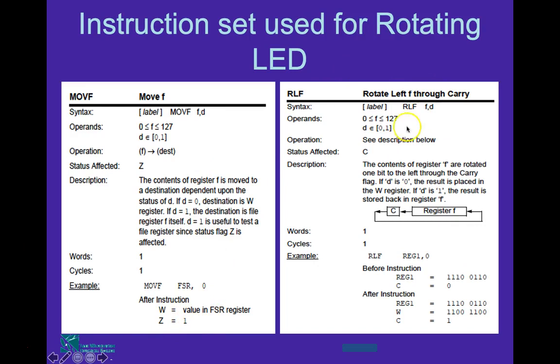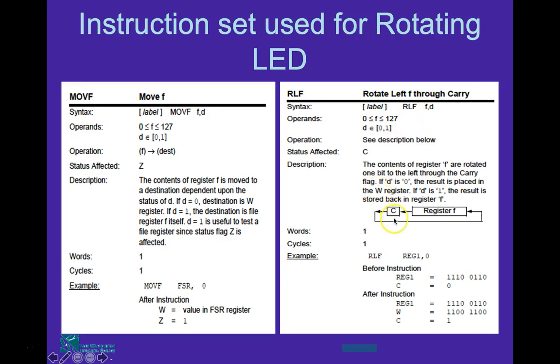And then we'll be using this instruction. We already discussed this instruction in the previous lecture, but I'm going to briefly go through it. This is RLF, rotate left f through carry, RLF f comma d, where f is your file register and d is where you want to place the data.